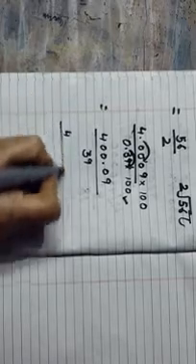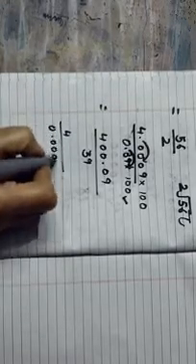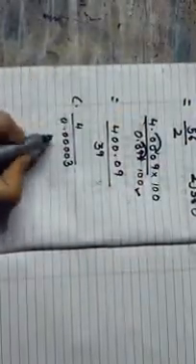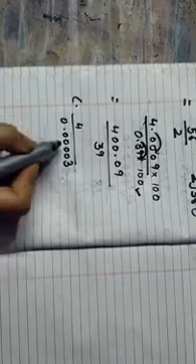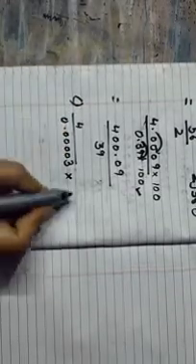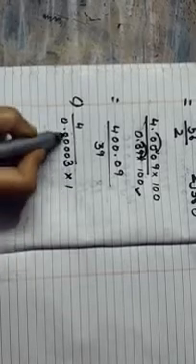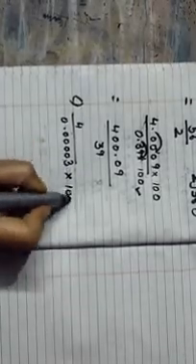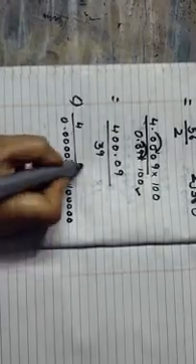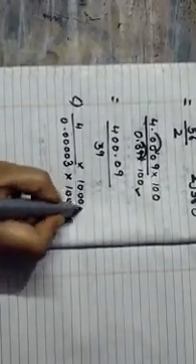If we have to divide this with the number 0.00003, we just have to look at how many digits after the decimal point. 1, 2, 3, 4, 5. So we need to multiply this with 10 to the power 5, and the numerator as well.